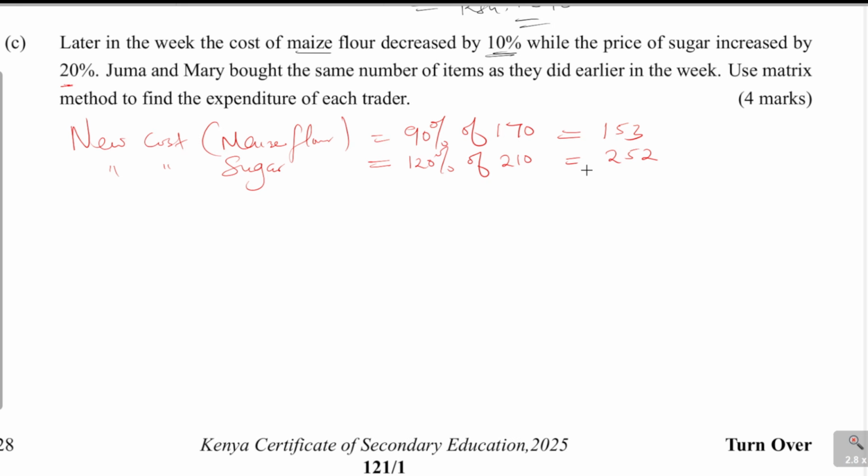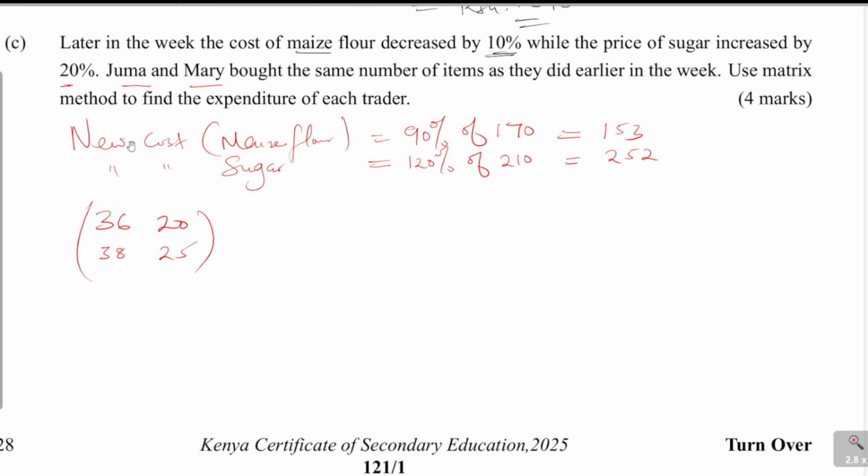And after getting that, we are required to use only two people here, not everybody. It is Juma and Mary, and you just extract that. Juma bought 36, 20, and then Mary 38, 25.